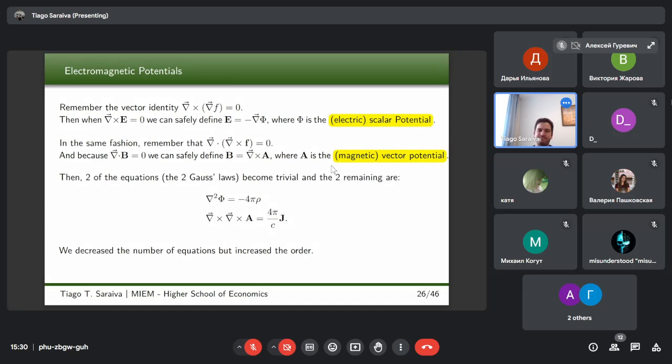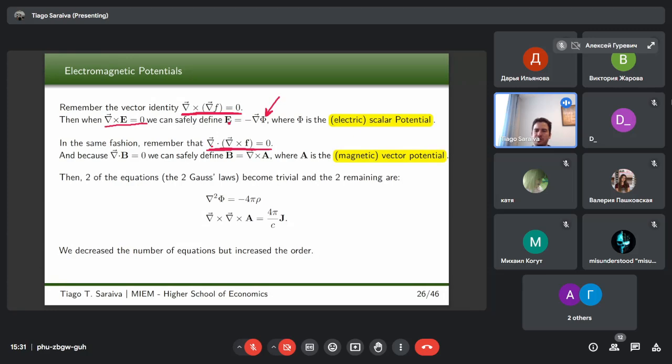And there are these vector identities that we usually learn in vector calculus courses. The curl of a gradient is 0, and the divergence of a curl is 0. Whoever doesn't know about this, don't worry, it is just a mathematical property of these differential operators. It means that if the curl of the electric field is 0, we can define some potential, some scalar function.